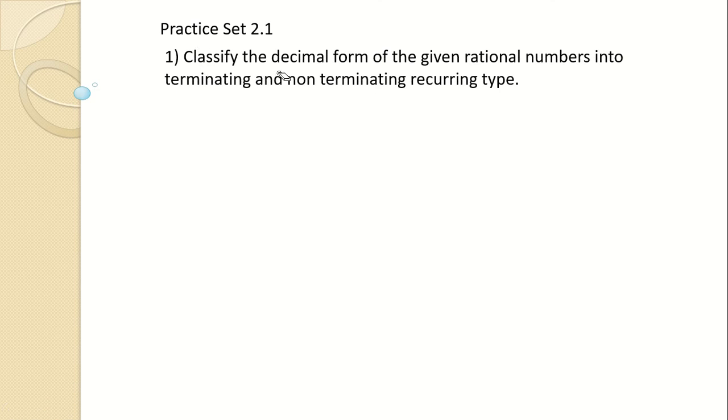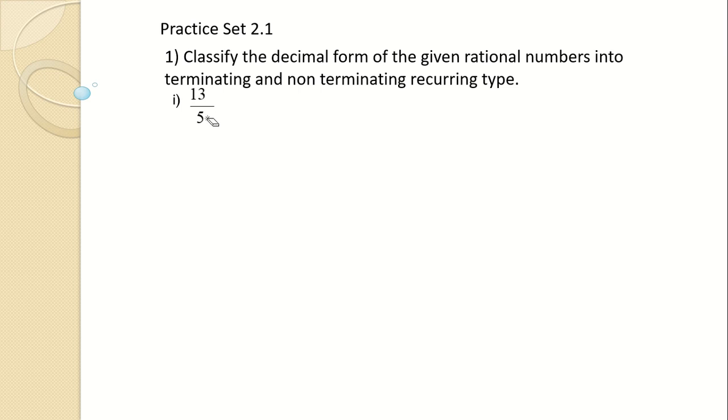Practice set 2.1. Classify the decimal form of the given rational numbers into terminating and non-terminating recurring type. Now, the first sum is 13 upon 5. It is given in p by q form.